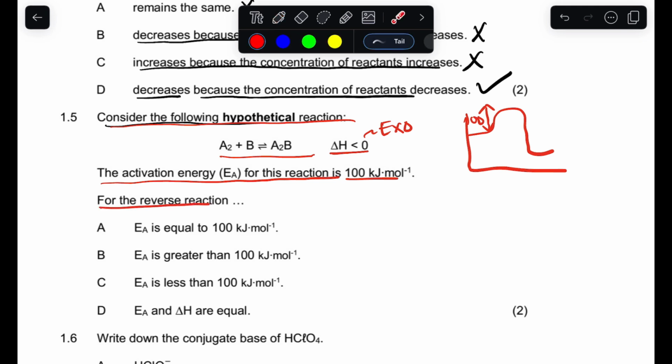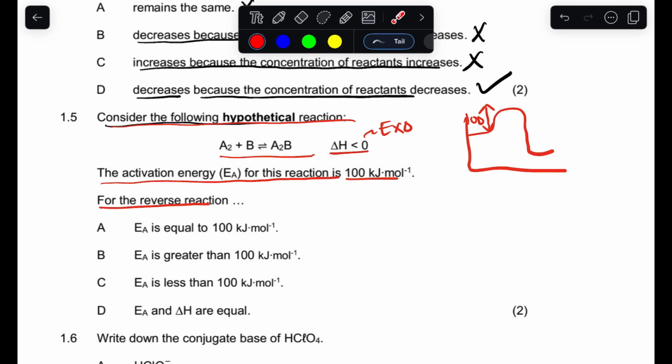It says for reverse, so that's the forward. The activation energy for forward is 100. And for reverse, the activation energy is going to be that way, right? Do you see? This is bigger than this activation energy.